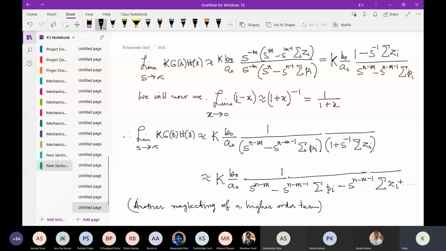Well, it's not exactly higher order, but yeah, because it's actually coming out. This is n minus m, n minus m minus 1. This will be lower, actually lower order.